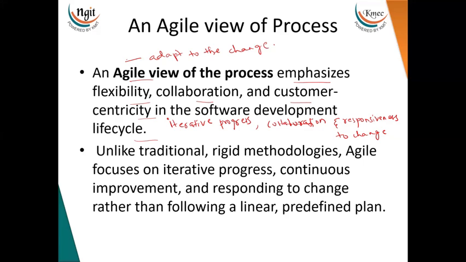The regular increments of the software, we give to them to get proper feedback from their end. The changes from their feedback are again incorporated into the software development. That is how we go ahead in this agile process.